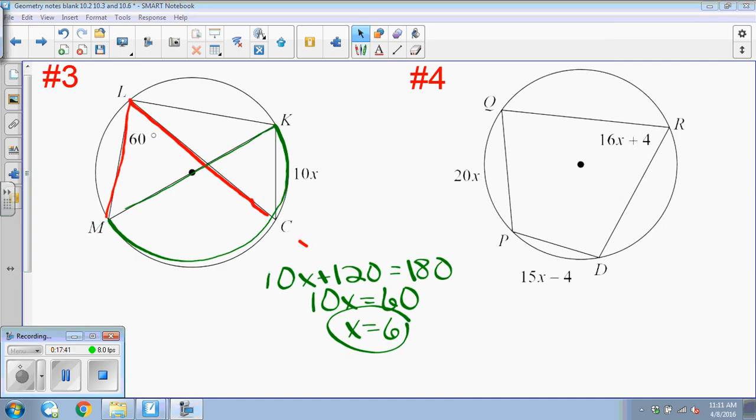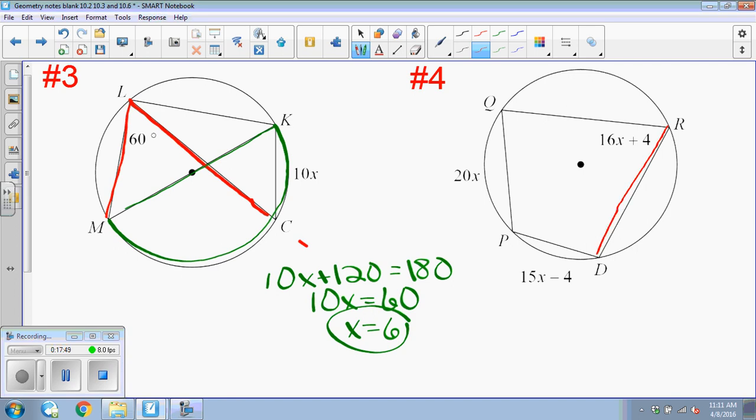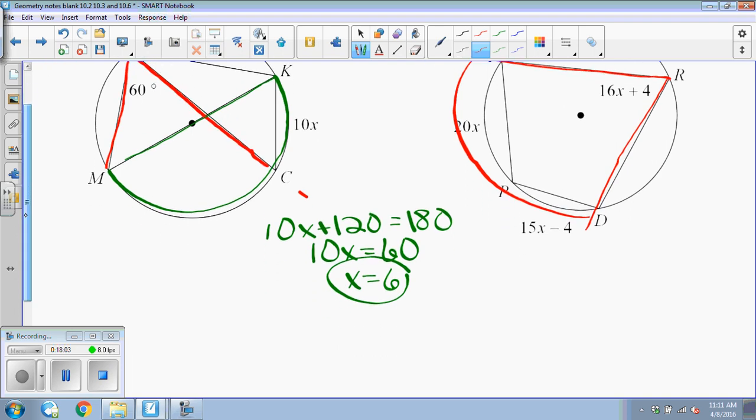Okay, so you should have gotten x equals 4. I always go from the angle they gave me to figure out the arc. So 2 times this equals that. So 2 times 16x plus 4 equals 20x plus 15x minus 4.